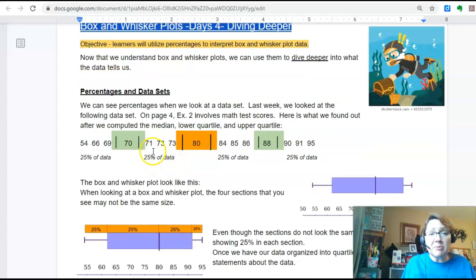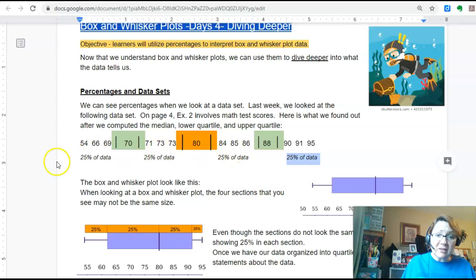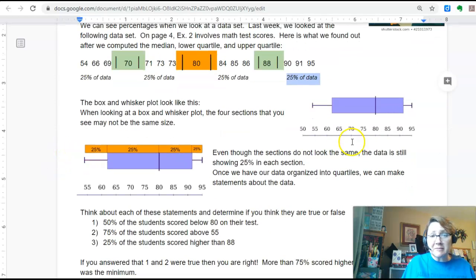So diving deeper, we're taking a look at data sets here. So if we're looking at things, remember they're quartiles. So this is 25% of the data right here, 25% of the data, 25% of the data, and 25% of the data. So they're quartiles because there's 4 quarters that make up the data.